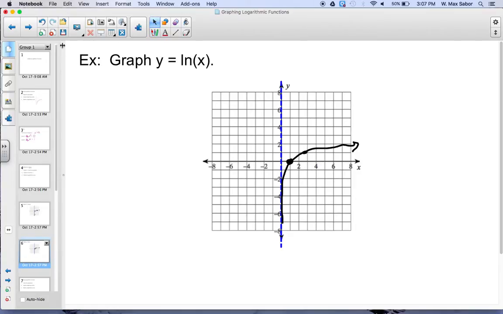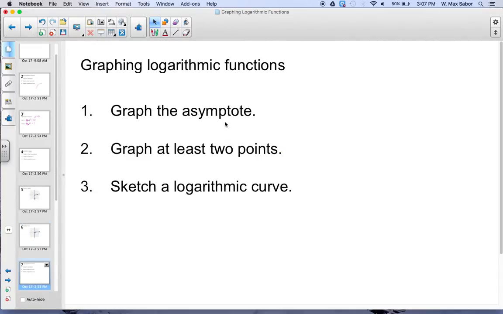So what happens when we have to do something besides just natural log of x, like natural log of x plus 3 or something like that? Generally you'll graph the asymptote, then graph at least 2 points, and sketch a logarithmic curve. The way we'll find the asymptote is by setting the input, and I don't mean x, equal to 0.